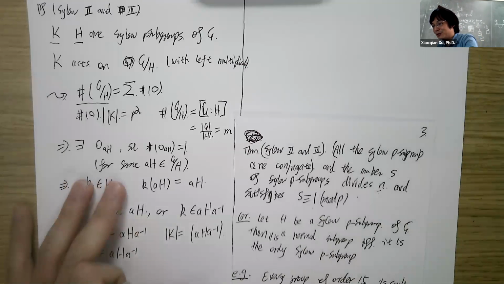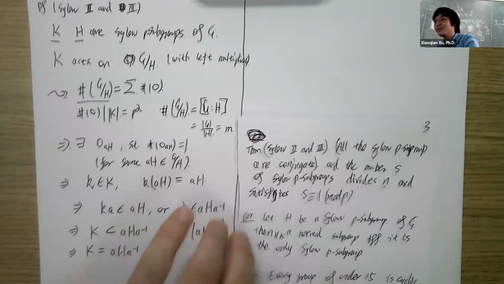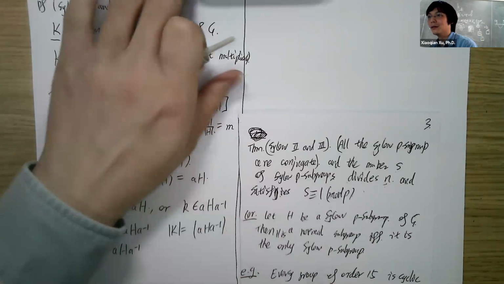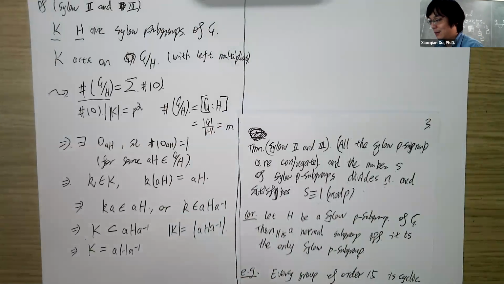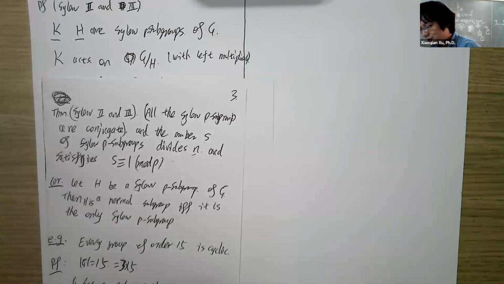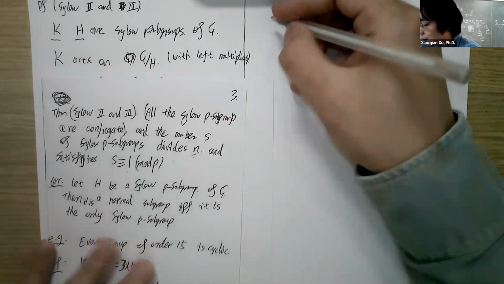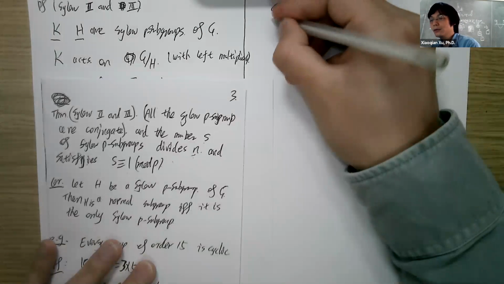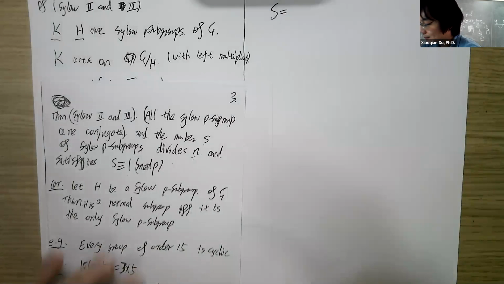Again, maybe we should find some different group action. Since we are trying to compute the total number S, let's look at the set of all the Sylow P groups.